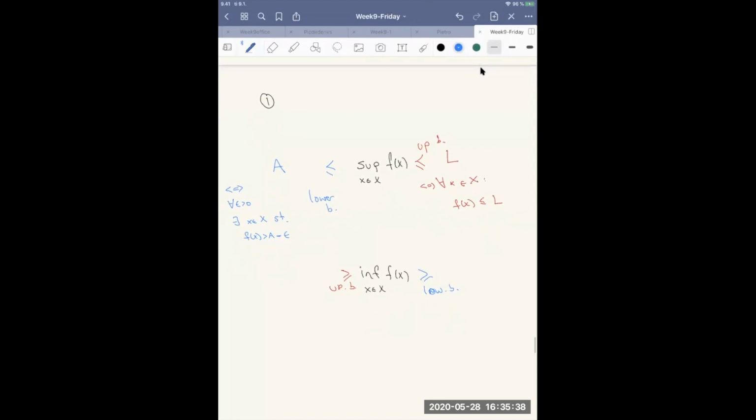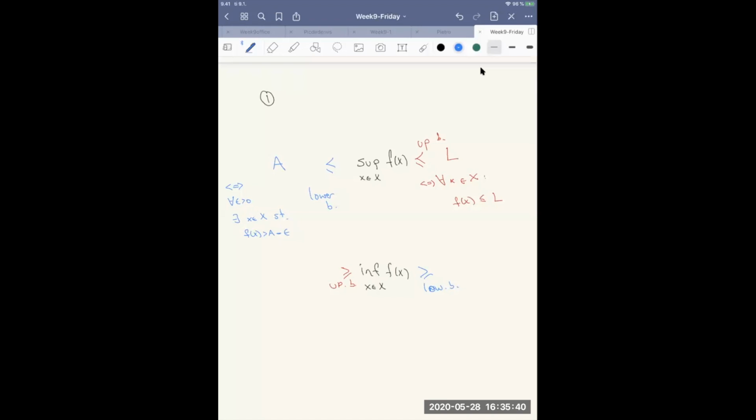Now, infimum is morally the opposite of the supremum, and indeed, the infimum of f would be minus the supremum of minus f. So getting lower bounds for it is exactly like getting upper bounds for a supremum.